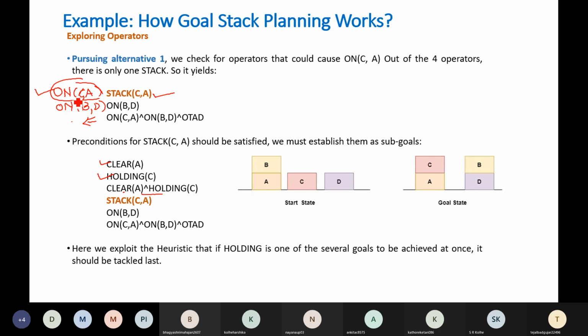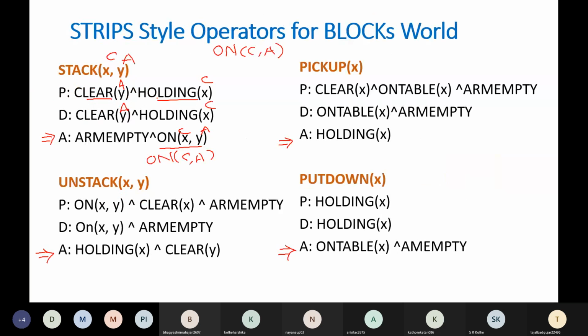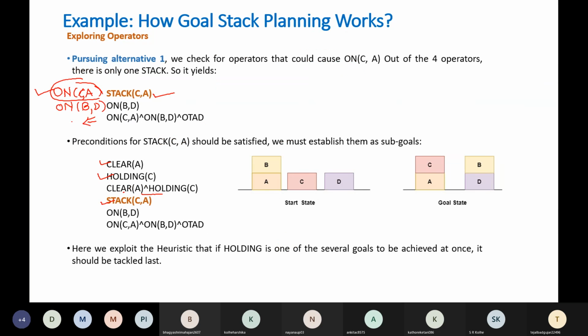again I am repeating, we want on CA true. To make this on CA true, we come to know that the stack CA operator or action can be performed. So we have selected that action. To perform this action, we know that the preconditions clear A and holding C have to be true. Put them on the stack. One by one try to satisfy them.